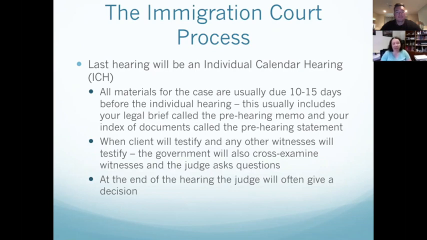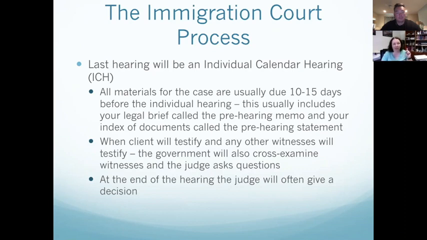In preparing for your individual calendar hearing, you have to know the deadline, which the judge will say at the hearing. One judge in Seattle says it's due 10 days before, and I believe all the judges in Tacoma say 10 days. You have to submit everything 10 days before your hearing.